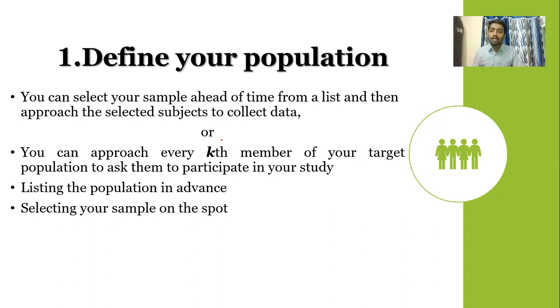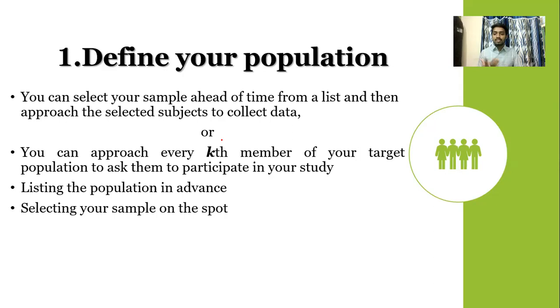You should have a systematic way to define a population, because, as the name says, it has a certain system or scientific approach to it. So you can select your sample ahead of time from a list, and then approach the selected subjects to collect the data.